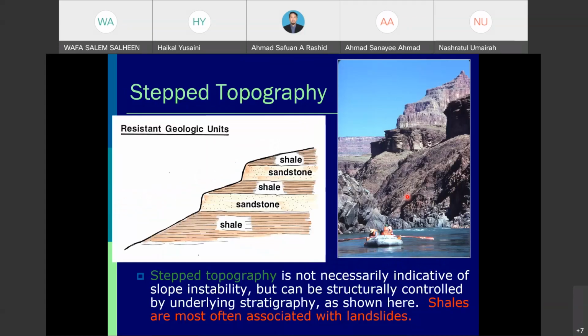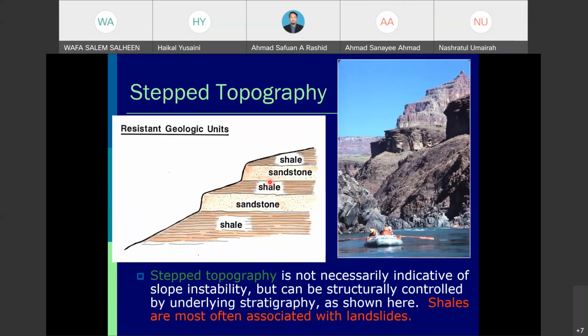So, stepped topography. This is the shale, where we need to put proper attention. Stepped topography is not necessarily indicative of instability, but it can be structurally controlled by underlying stratigraphy as shown here.